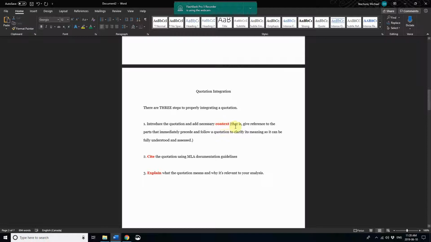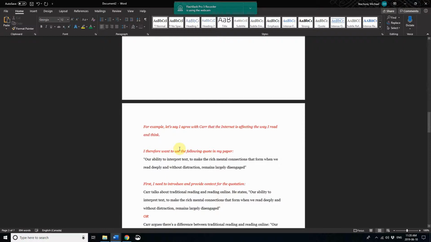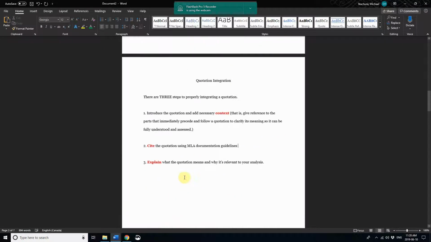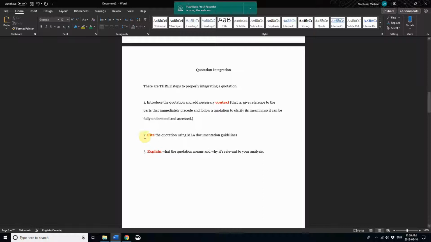What I mean by context is give reference to the parts that immediately precede and follow a quotation to clarify its meaning so it can be fully understood and assessed. So give context to quotations. I will give you some examples about that down here in a minute. So choose your quotation, introduce your quotation, and give necessary context for the reader. Secondly, you need to cite the quotation using MLA documentation.